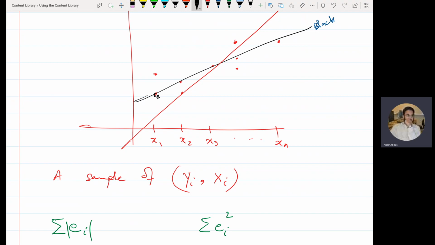The e1 is this, e2 is this, e3 is this, e4 is this, e5 is almost 0, e6 is the difference between this point and this line, and so on. There are values of e, the difference between point and the line, and then I go red. Where are the points and the line? Here, e1 is this, e2 is this, e3 is this, e4 is this, e5, e6, e7. So the difference, the vertical distance between the line and the point, is e. It's the error.